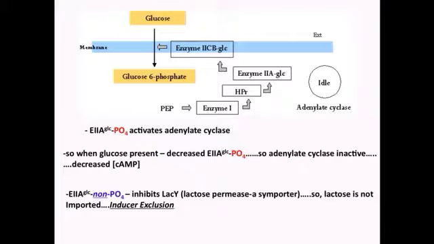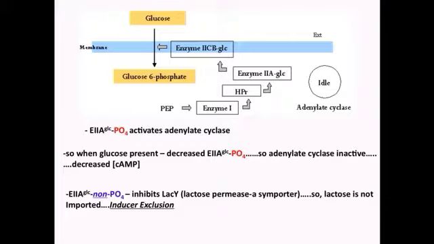Glucose, remember, so just to quickly review, glucose on the outside of the cell, shown here in the top, is transported across and simultaneously phosphorylated into glucose 6-phosphate by this enzyme 2CB specific for glucose. So here is the phosphotransferase system again. The phosphoryl group is coming from phosphoenol pyruvate, going into enzyme 1, which phosphorylates this histidine protein. That's the non-specific portion of the phosphotransferase system. That's the system that functions to transport any sugar into the bacterium.